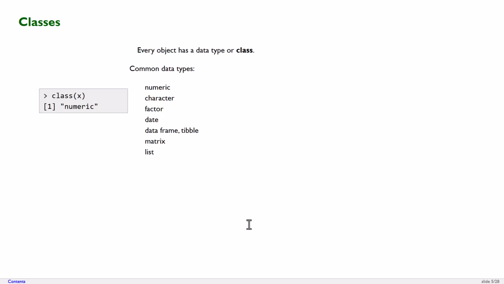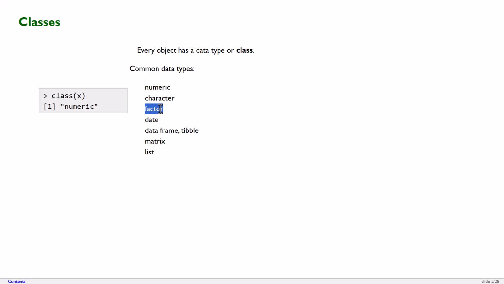So all objects that you create have a data type or class. It's not quite obvious and you don't declare it like you do in other languages. We've already seen a number of mathematical expressions, and those create numeric objects, obviously. There's also character and factor classes. These are both for text.